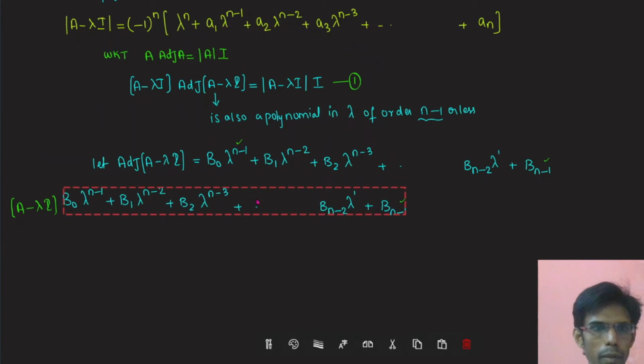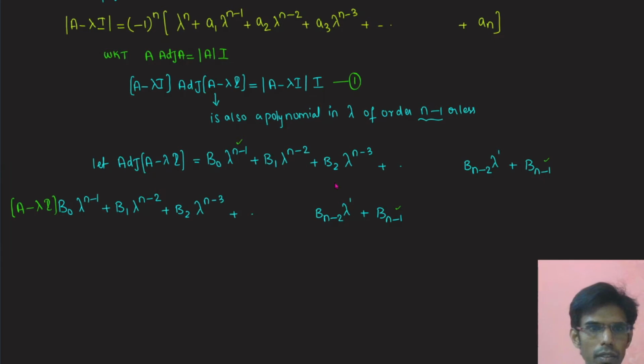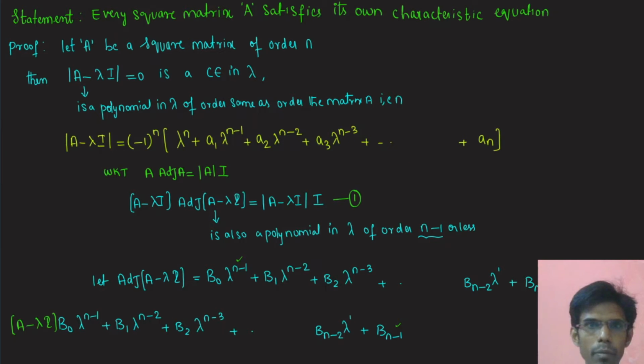So this will be multiplied to this A minus lambda I into this matrix, which equals the determinant of A minus lambda I. Determinant of A minus lambda I will be of this form, so take it from here.